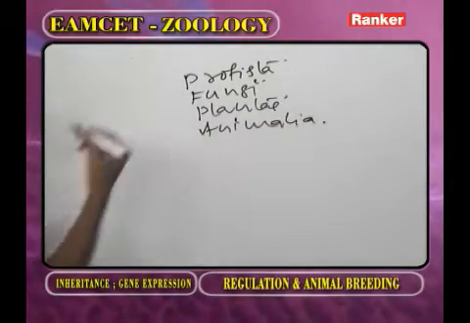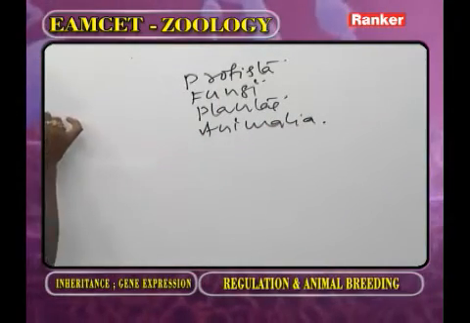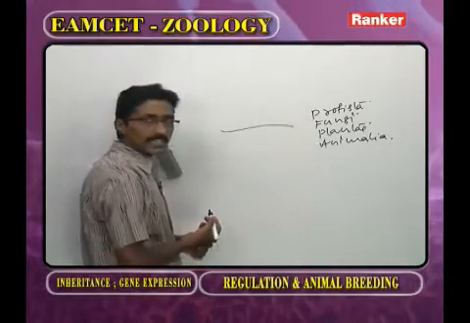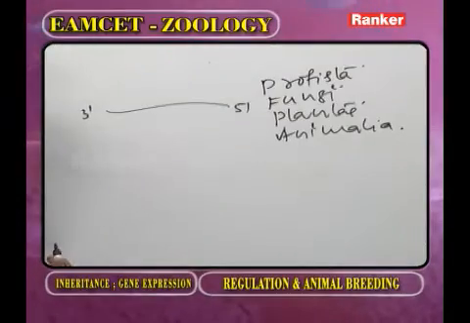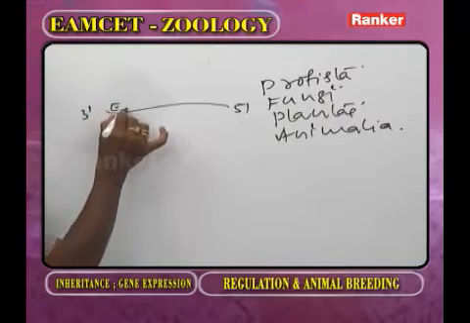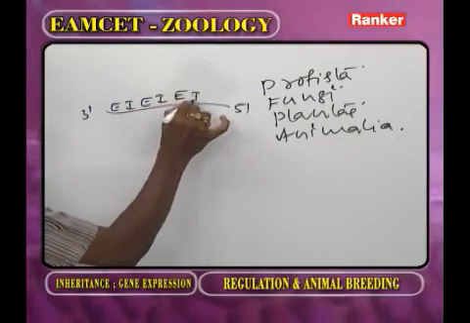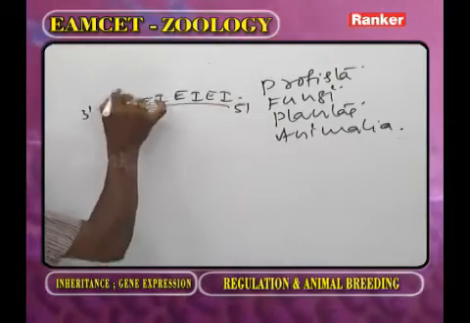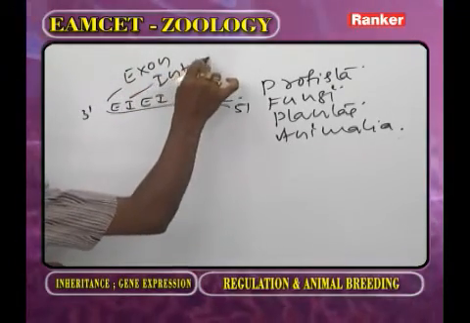Now all these are the eukaryotes. Now in eukaryotes, as we observe the DNA strand, now this is 3 dash 5 dash. Now here what are present? Exon, intron, exon, intron, exon, intron, exon, intron. E means exon, I means intron.